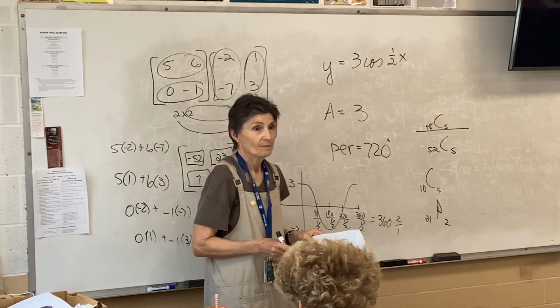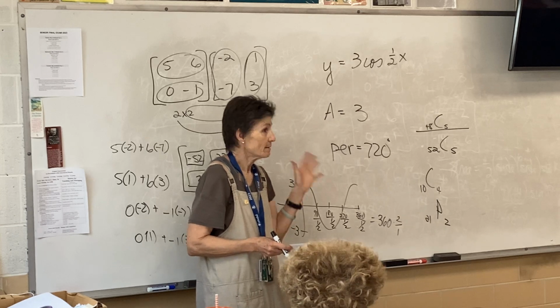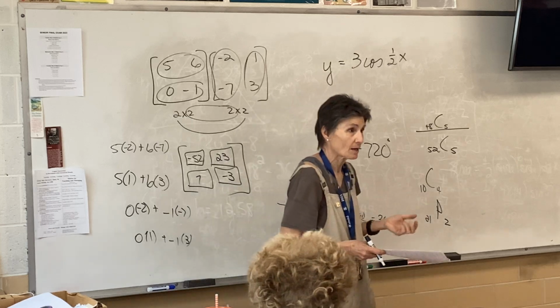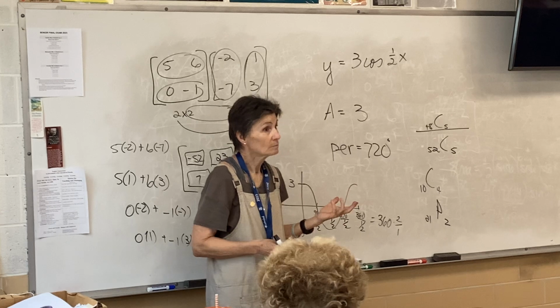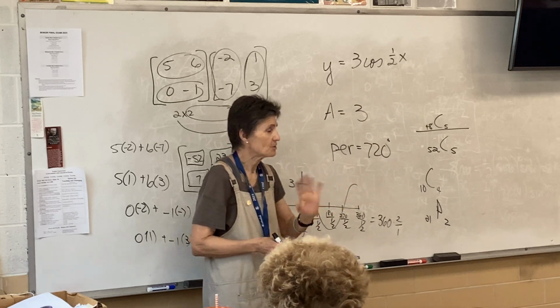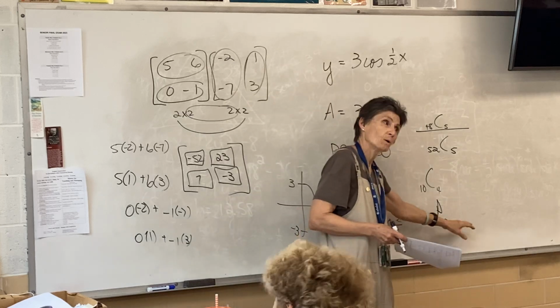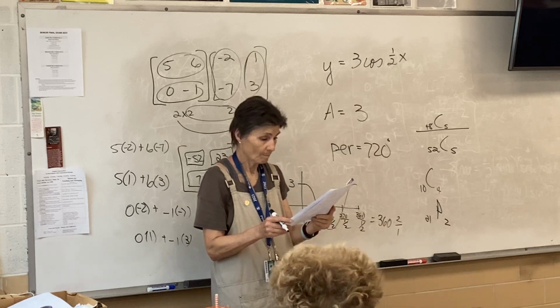Because the order matters. They have different jobs. If I said I'm going to pick 2 kids to hand out suckers, then it's 21C2. But if one's handing out paper towels and one's handing out something else, then it's P. Order matters.